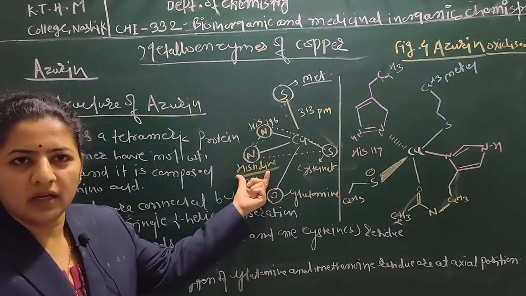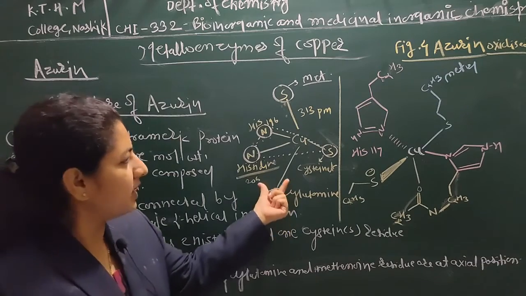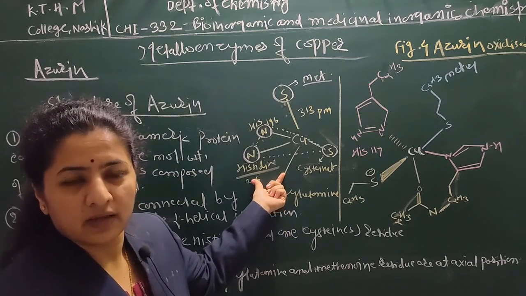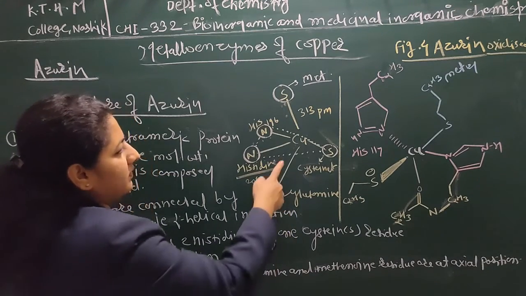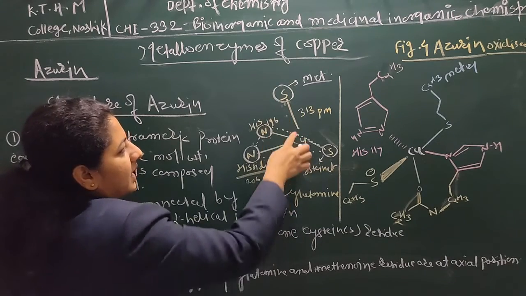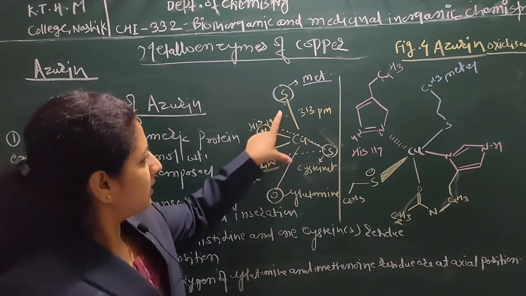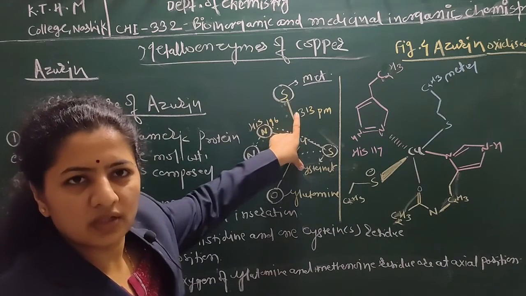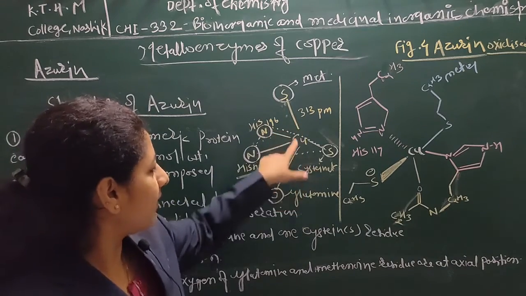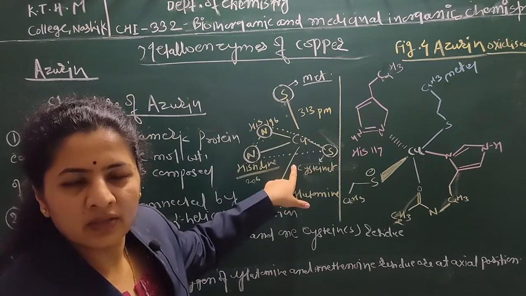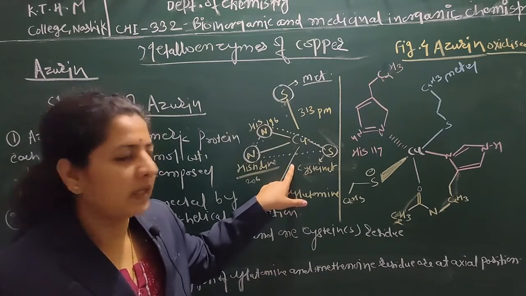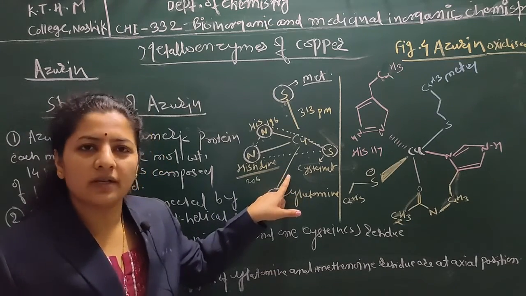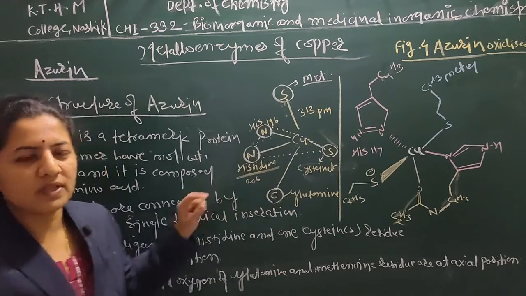So the geometry of azurin is a distorted trigonal bipyramidal. Here we can say that these two axial ligands are not equidistant from each other, or don't have a proper angle between them, so a distorted trigonal bipyramidal geometry is observed.